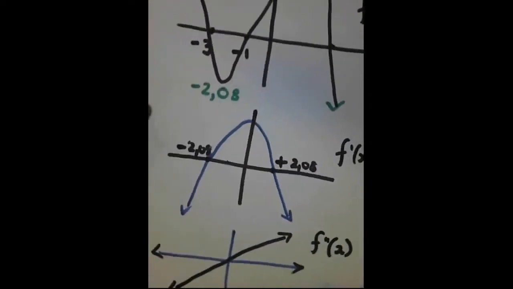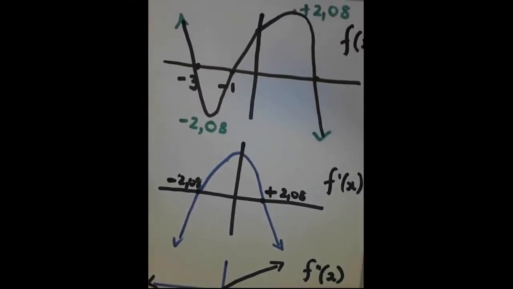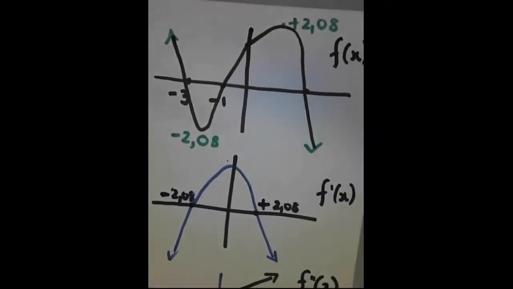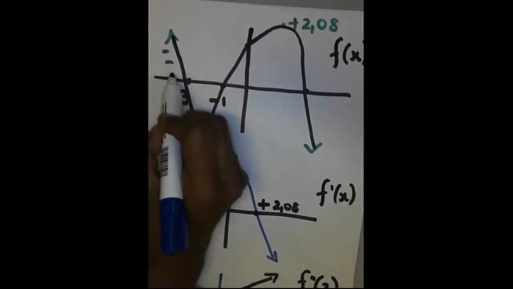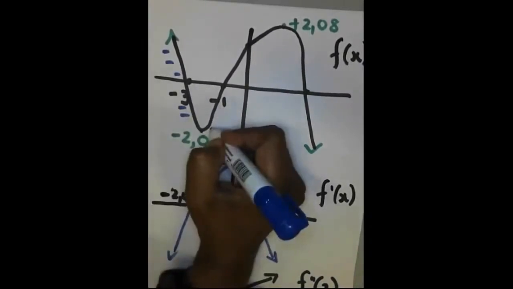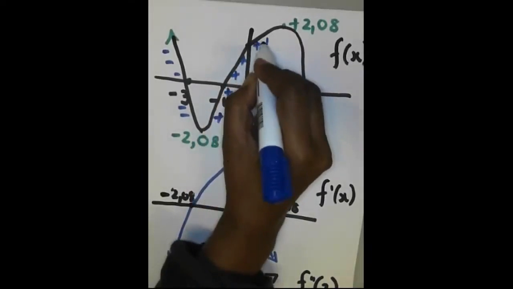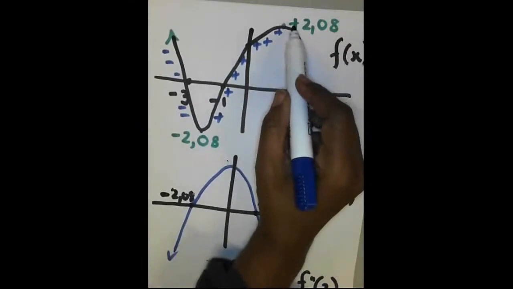Now, we are asked questions about increasing and decreasing values. Now, let's talk about increasing values. Where does my original graph increase? If I'm looking for increase, I'm looking for go up. Now I can say to myself, it decreases, decreases, decreases until I get here. Then the function starts to increase, increase, increase, increase until I get to my turning point.